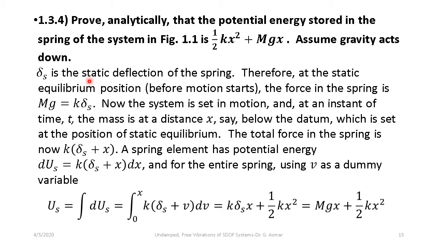We basically take a spring element and calculate the potential energy stored in the spring element, and then obtain the total potential energy stored in the spring by integrating over the length of the spring that has been deformed a distance x. So I'll skip over this problem.